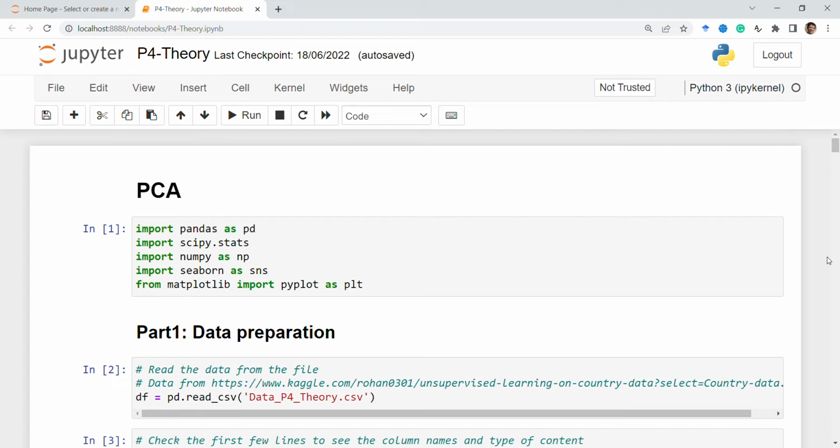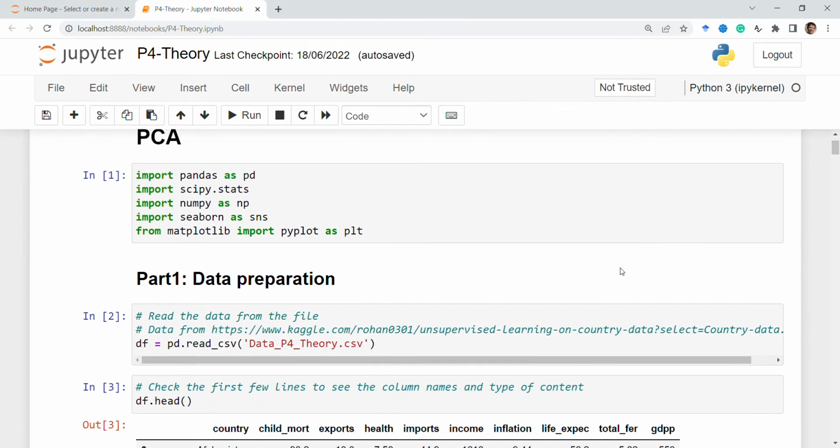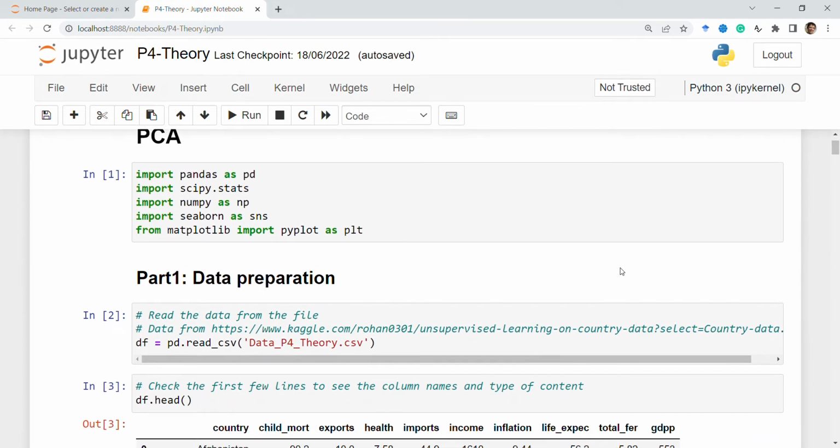Okay, so in this lecture, what we will apply is principal component analysis to the analysis of some countries and to see the relationship between these countries according to some characteristics.